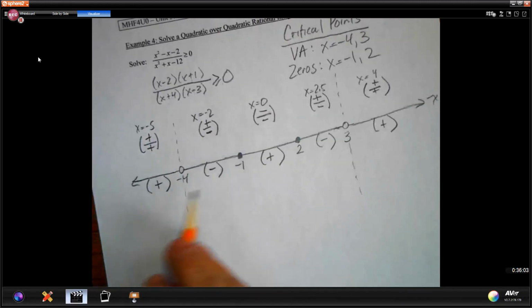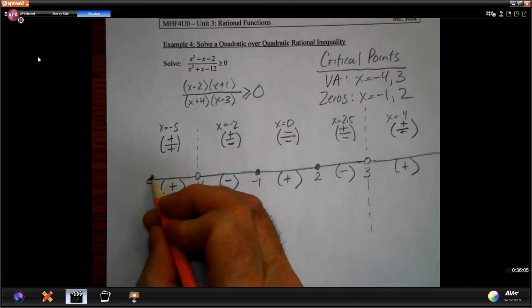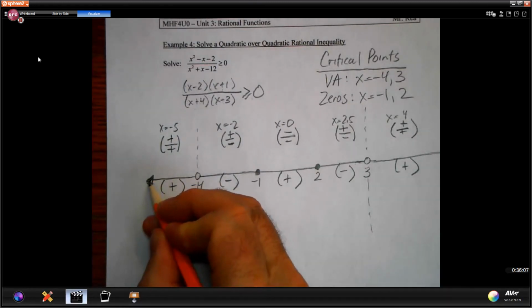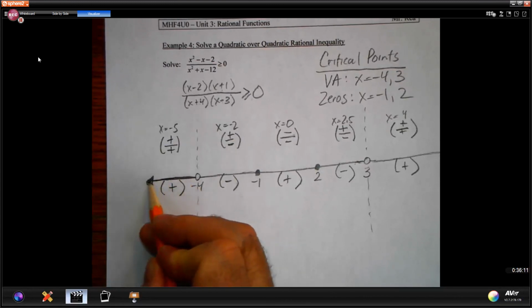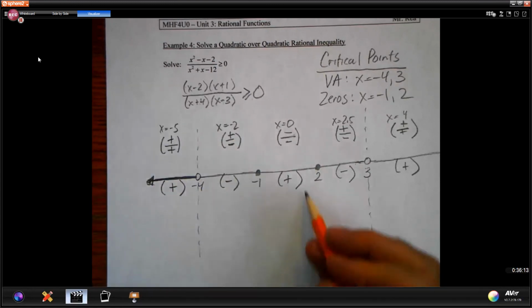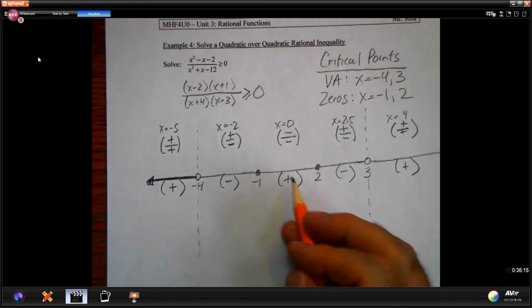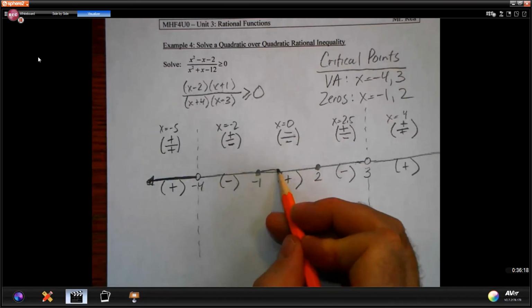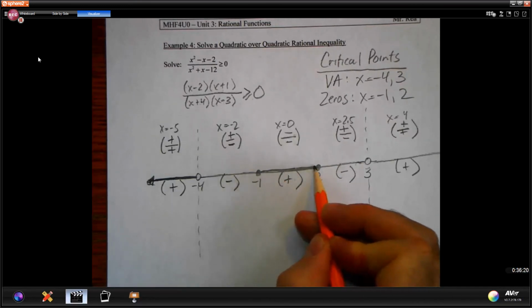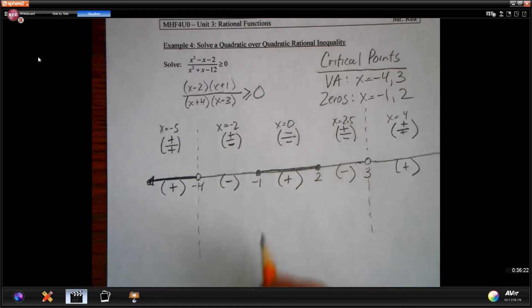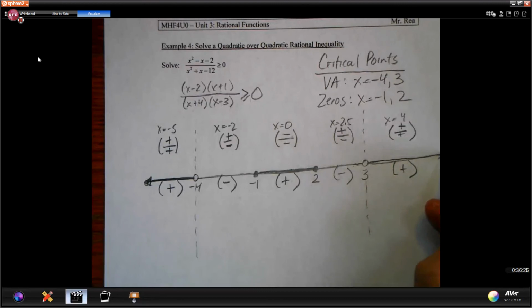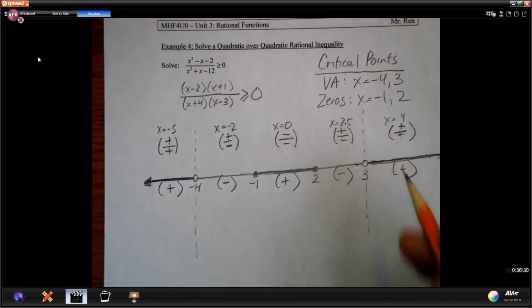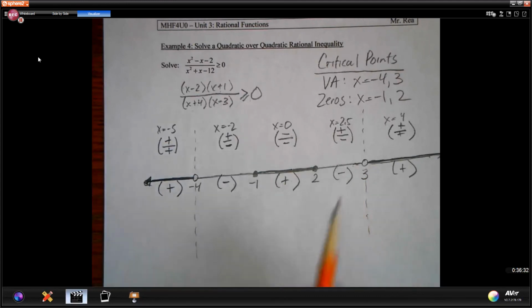Okay, so the first interval I can see is positive, that's what I want. So everything here up to that asymptote is positive. Between these two are zeros, -1 and 2, so everything between them and including those endpoints. And then finally, the last interval, which is positive, is over here. Okay, so greater than 3.